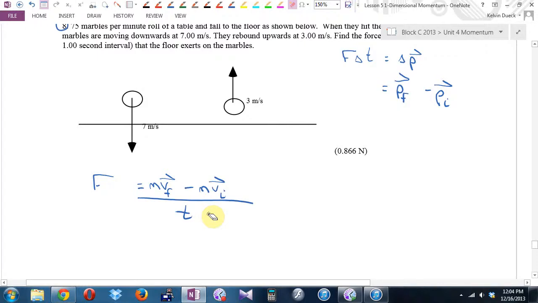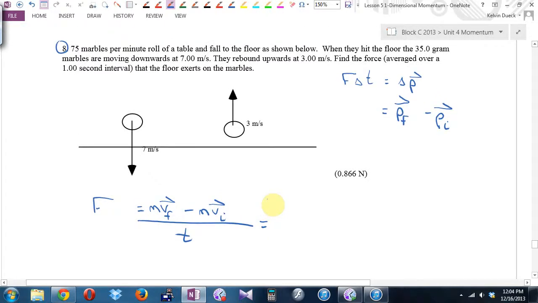Okay. So I would say something like this. Mass, 75 marbles per minute. So I guess the mass is going to be 75 marbles times 0.035 grams, and I guess my time is going to be 1 minute, which is 60 seconds.